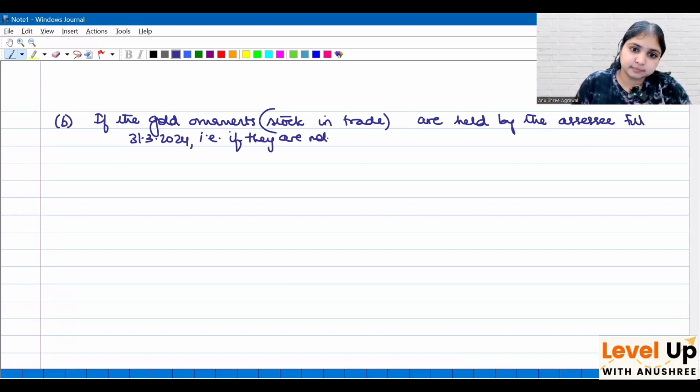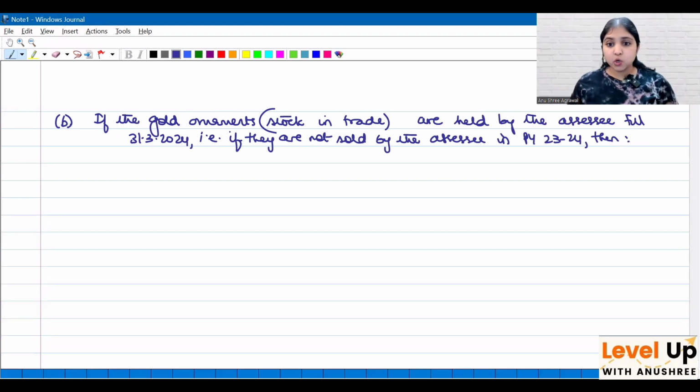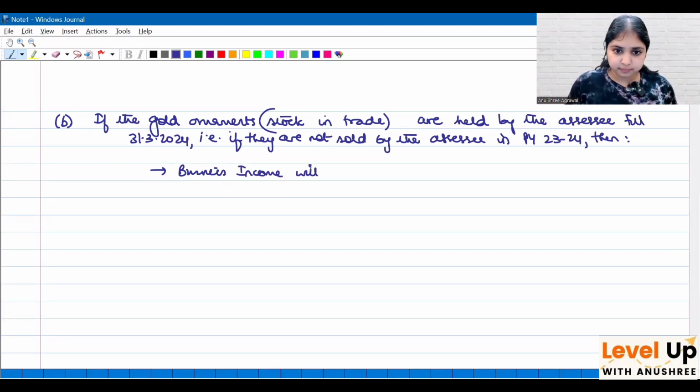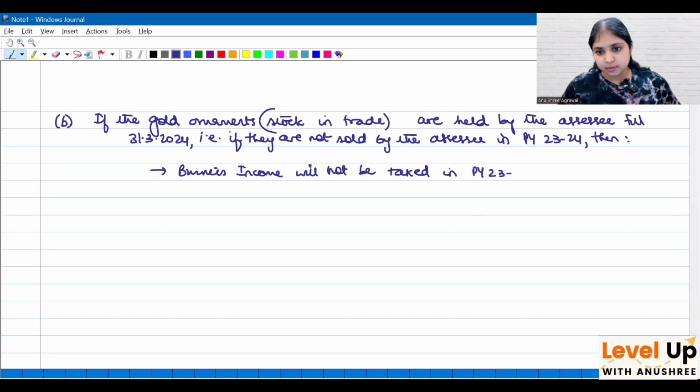That is, if they are not sold by the assessee in previous year 23-24, then under this write down the first point, business income will not be taxed in previous year 23-24, assessment year 24-25.